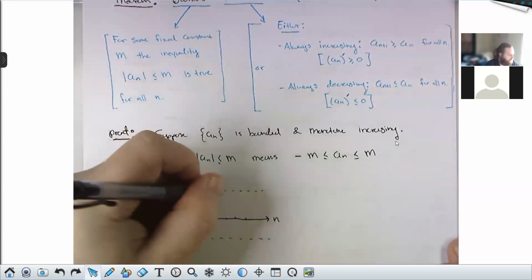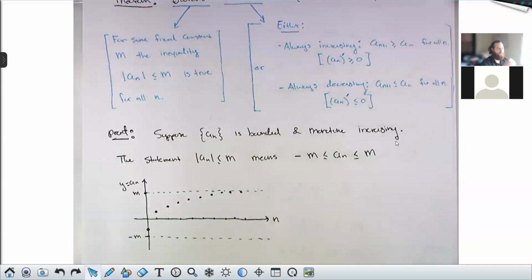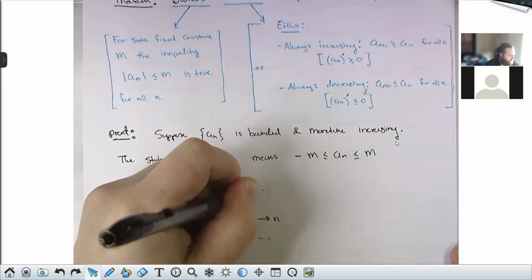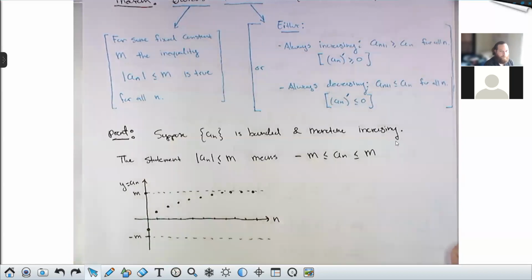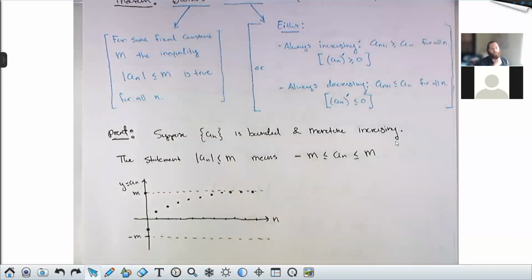Oh no. We're stuck. Well, what does this look like? The next term has to go up, but can't go through that ceiling. All these dots are going to start piling onto this upper bound. We're not allowed to turn and go down because we're increasing. Always have to go up. But I'm not allowed to go through that upper bound. I'm stuck.